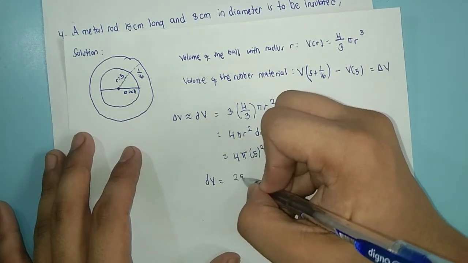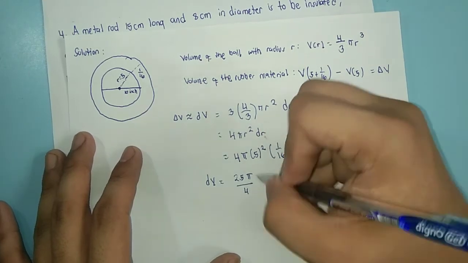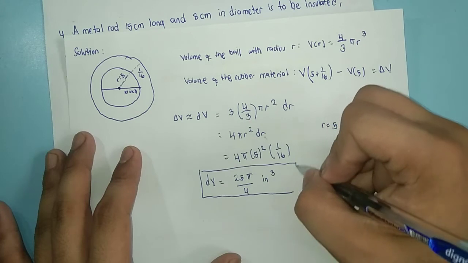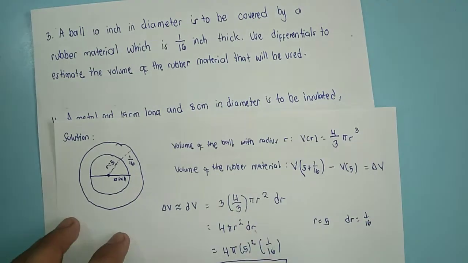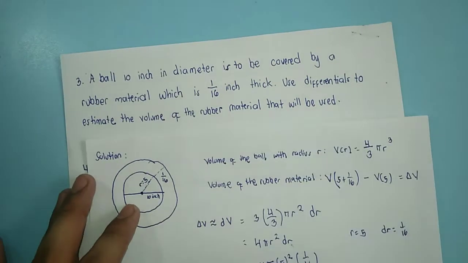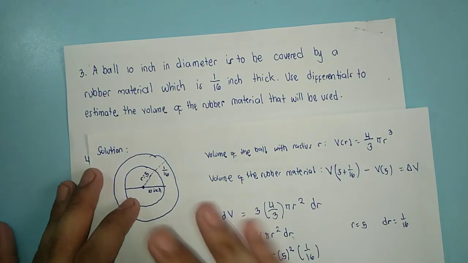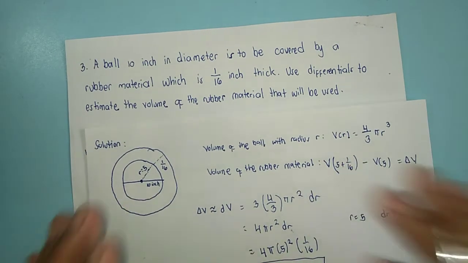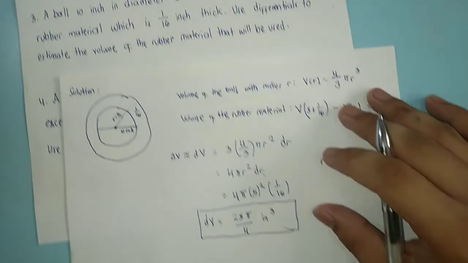So 25 pi over 4 cubic inches. So yan yung estimation ng volume ng rubber material na ginamit natin para ipang-cover doon sa bola. By the way, in-assume ko na lang dito sa given na yung bola ay sphere, usually naman kasi ang bola ay sphere.